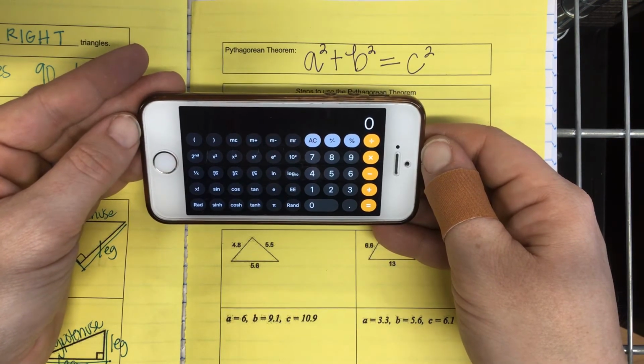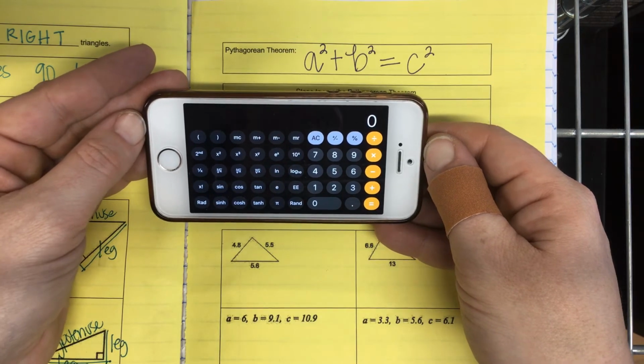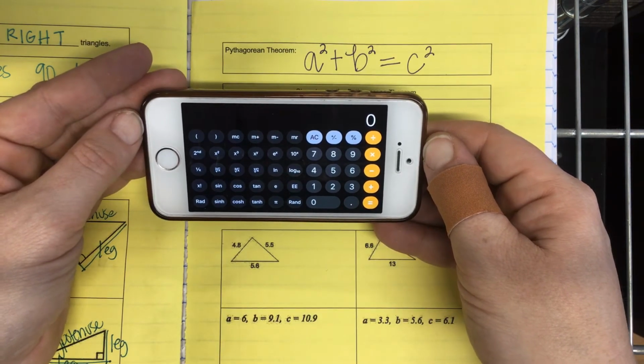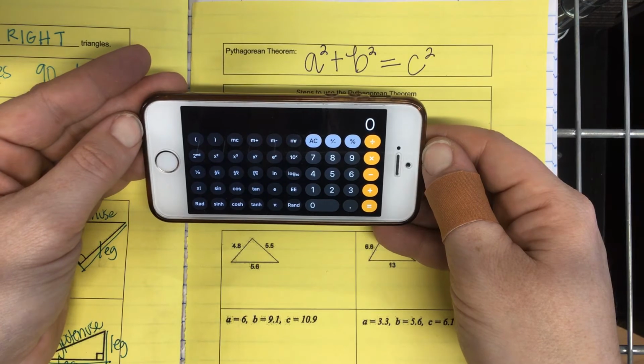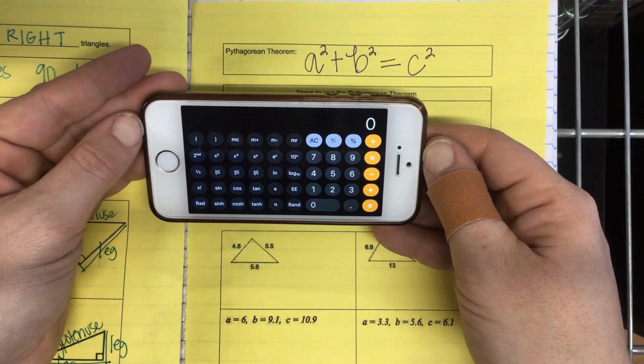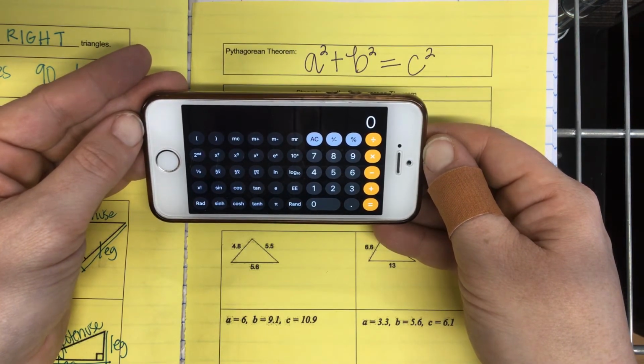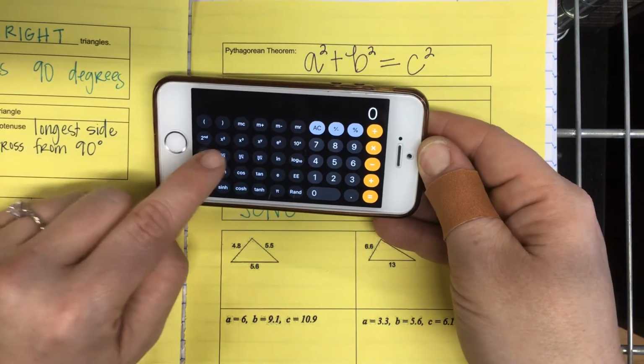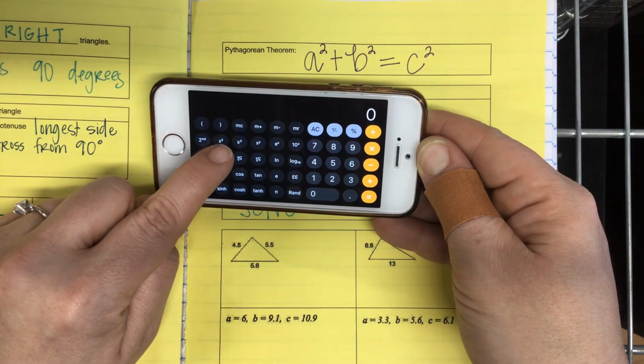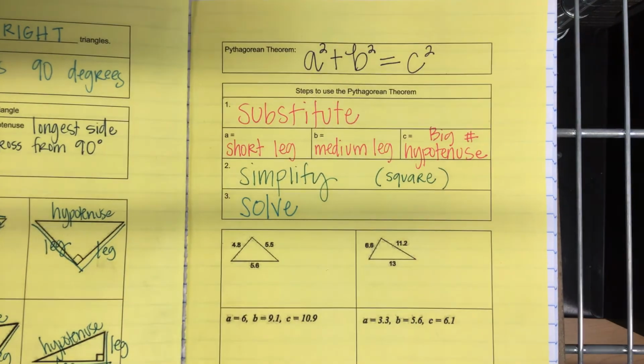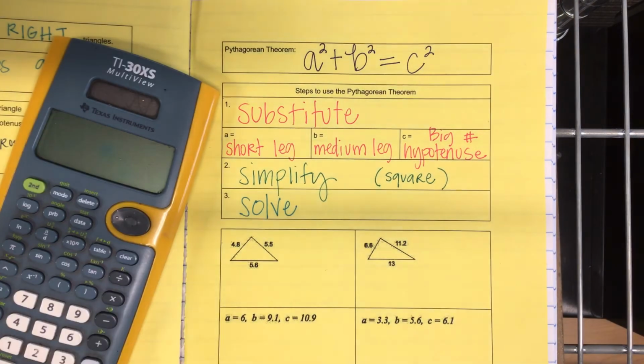The bummer of all of this is test day, you cannot use your phone. You have to use a real calculator, but this will get you through in a pinch because here's my squared button. See it? Okay. I'm using a calculator, a yellow calculator, a school calculator.